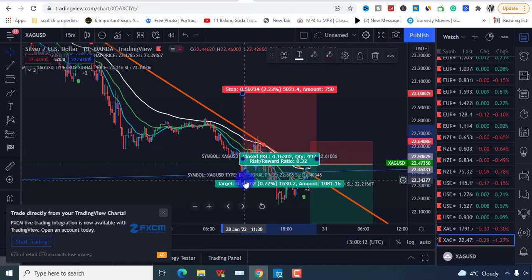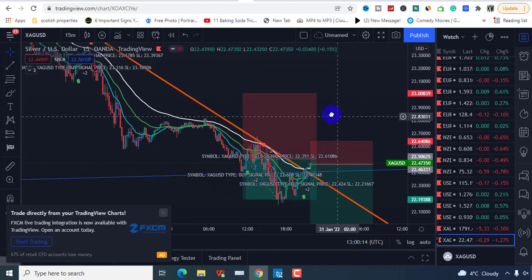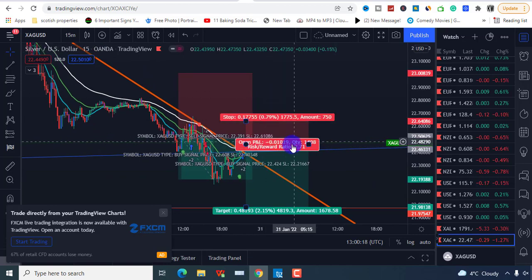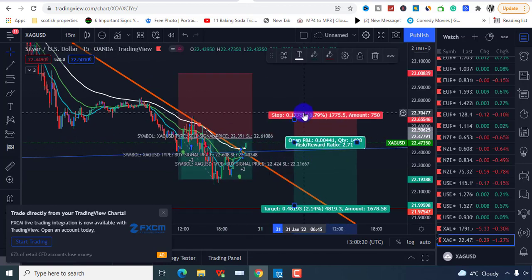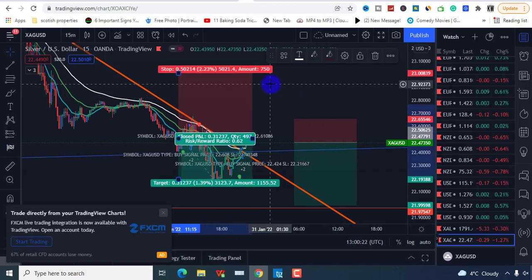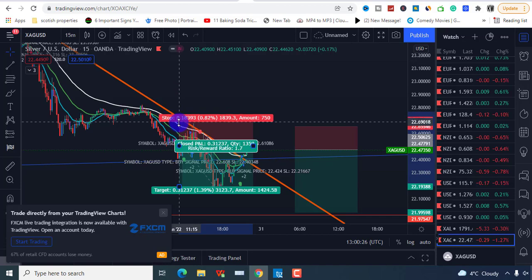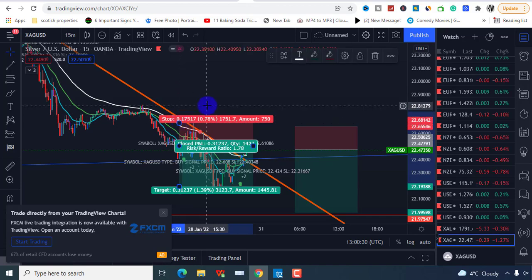That's what a lot of people do, and unfortunately they lose most of the time, which is not what I do. So my stop loss is, let's say, 17 pips.